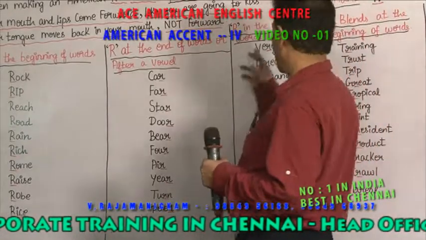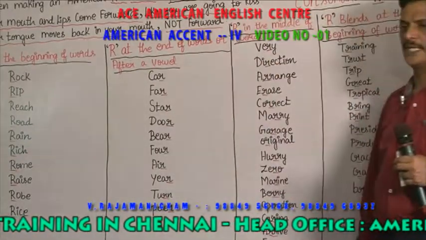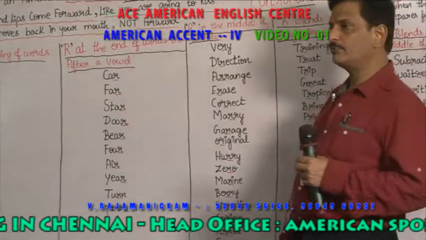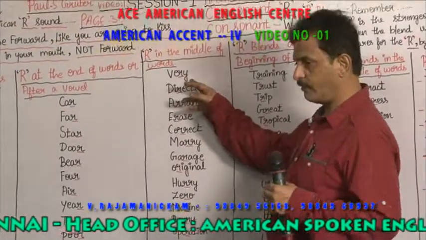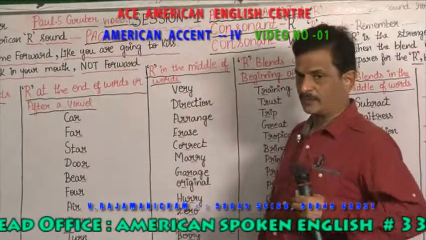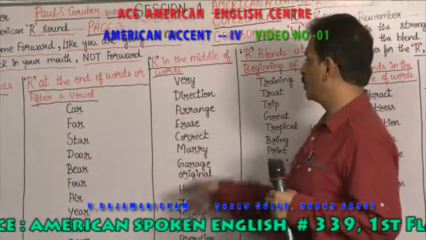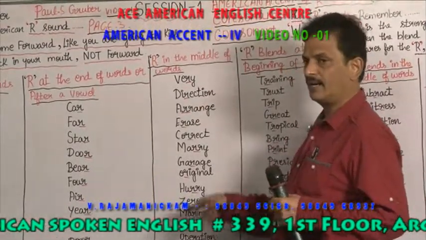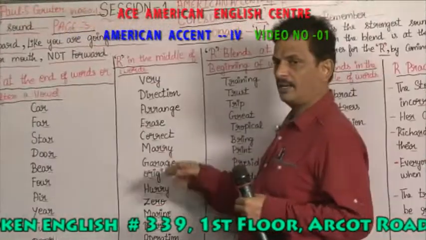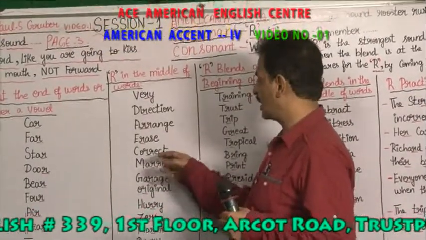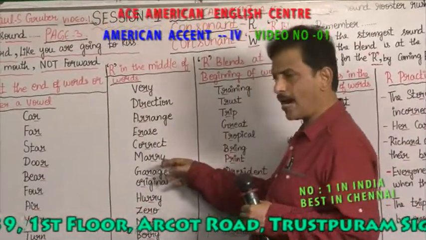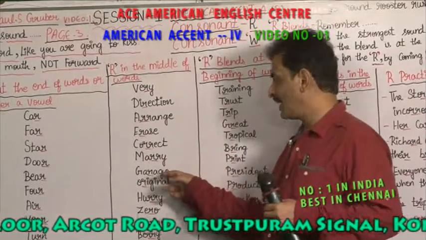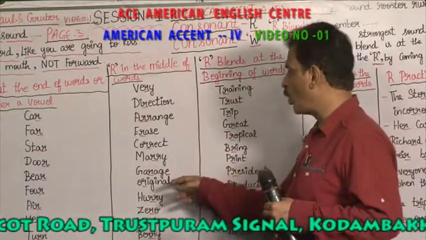So, now R in the middle of the word. Very. Direction. Arrange. Erase. Correct. Marry. Garage.